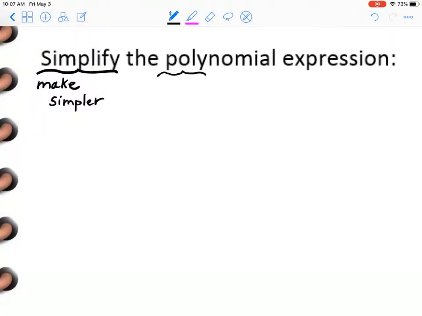Poly means many. So anytime you see poly in anything, it means many. To give you some examples of this, in geometry you see a polygon, and that's a shape with many sides.